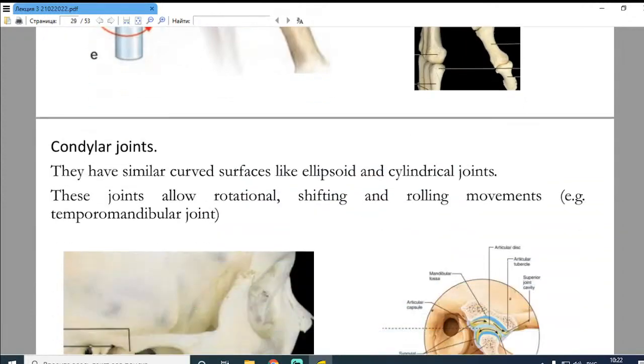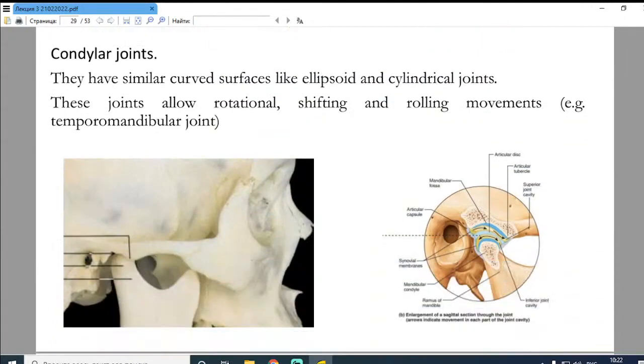Next, condylar joint. They have a similar curved surface like ellipsoid and cylindrical joints.